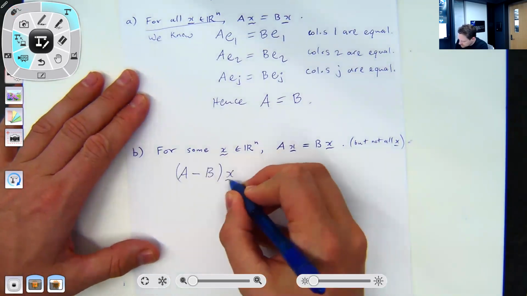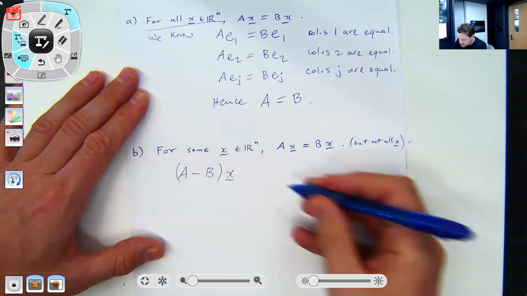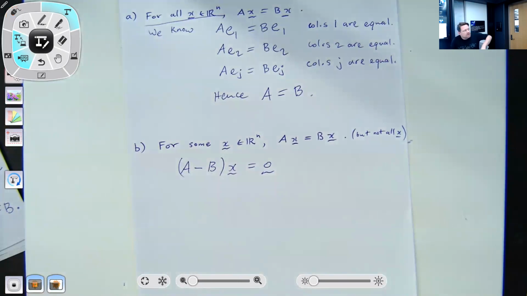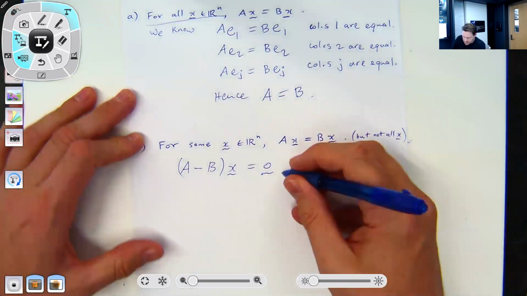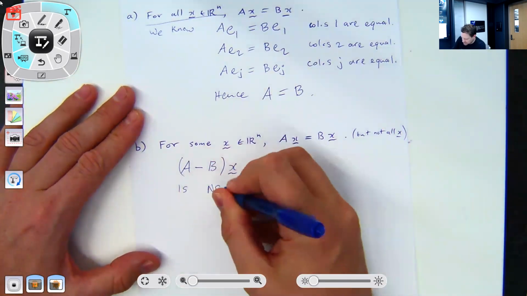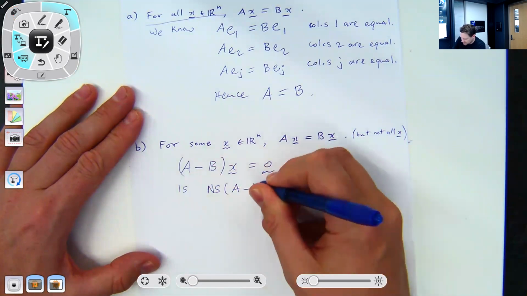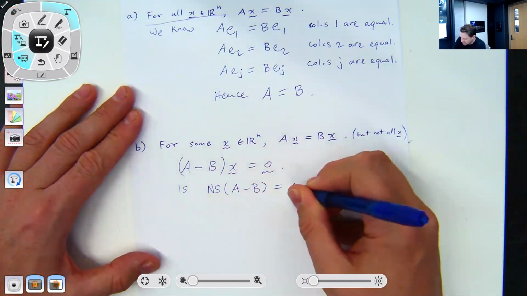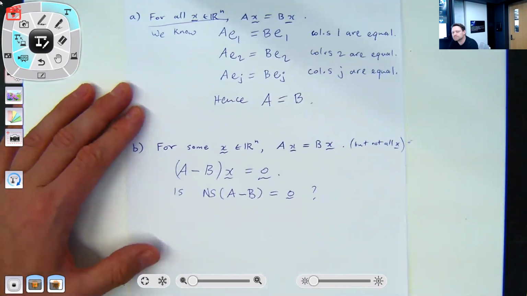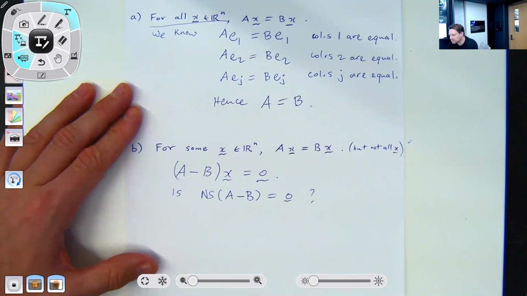So write this A minus B times X is equal to the 0 vector. Okay, because now we see that X should belong to the null space of A minus B. All right, so in other words, our question is: is the null space of A minus B trivial, or is there something in it that's not the 0 vector?